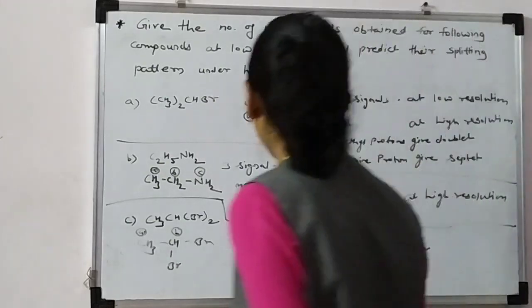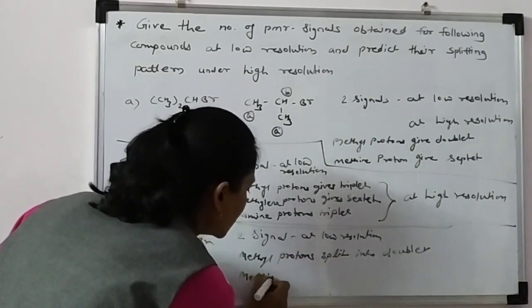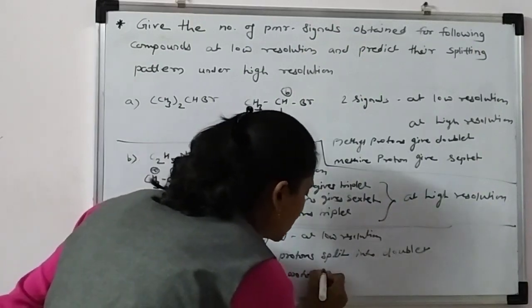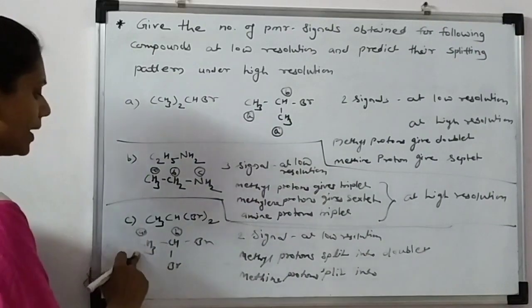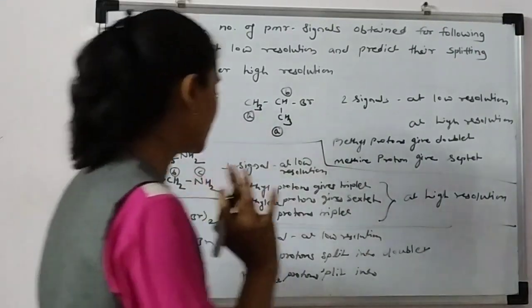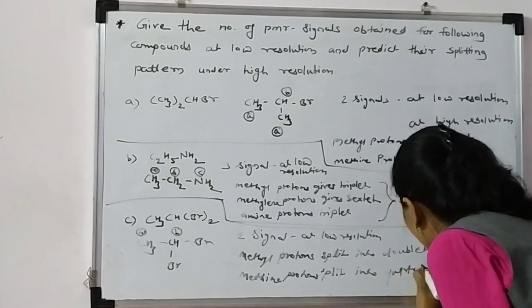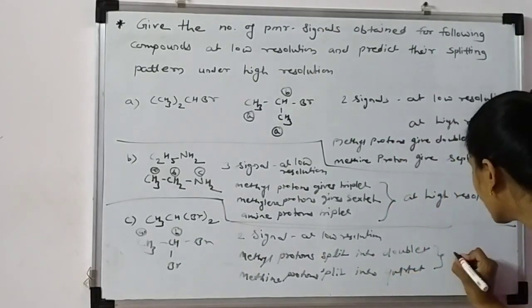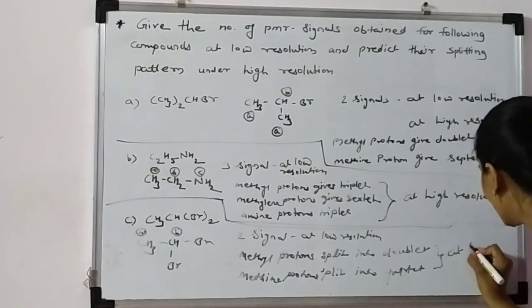And here the methine protons split into a quartet, since there are 3 adjacent protons, so quartet. It's spin splitting; it will be seen in the case of high resolution.